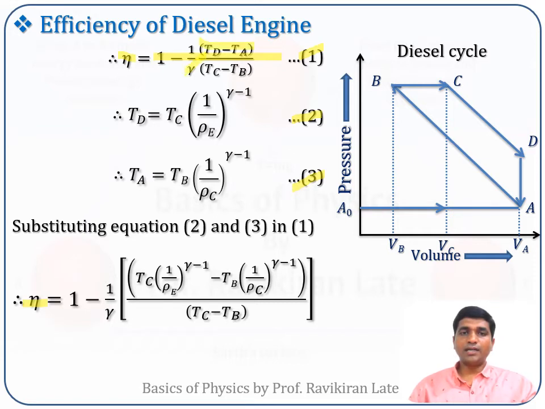Instead of TD and TA, we will substitute their values. It will be TC 1 upon rho E to the power gamma minus 1, minus TA, where the value of TA is TB into 1 by rho C to the power gamma minus 1, and the denominator TC minus TB as it is. Let us call this equation number 4.